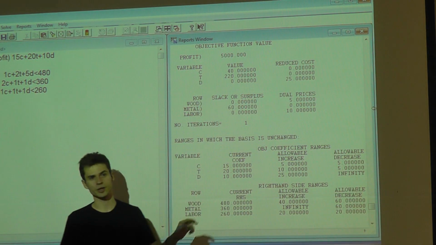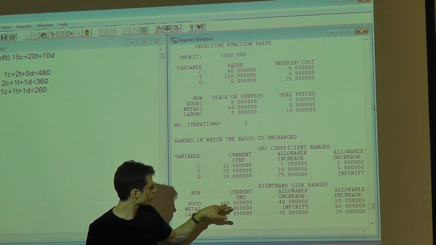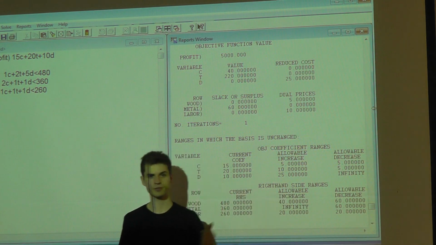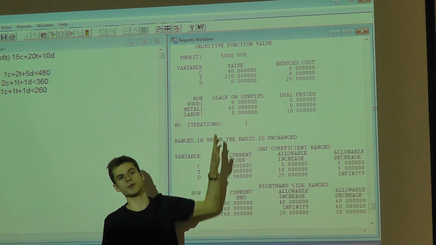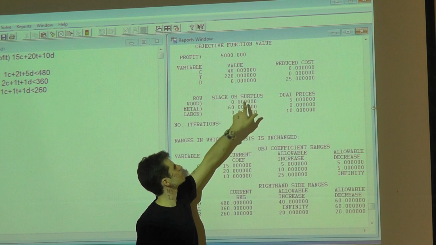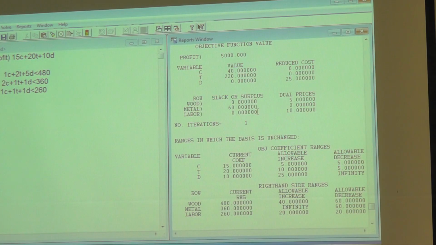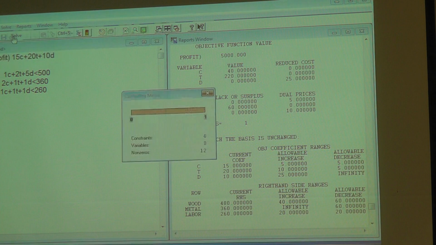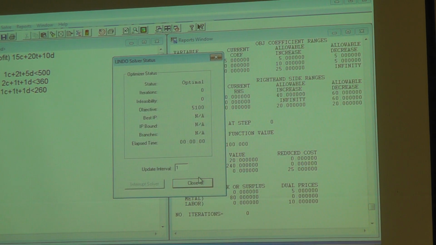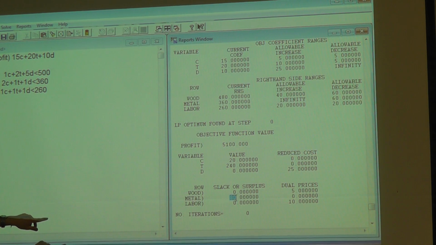Slack wood and slack labor. So if you change this coefficient from 480, let's say, to 500, you would expect that these numbers will adjust somehow. But these numbers, 0, 0, 0, will not change. And we can see whether it is the case. So if you change this to 500, say, and solve the problem, well, the production mix did change.